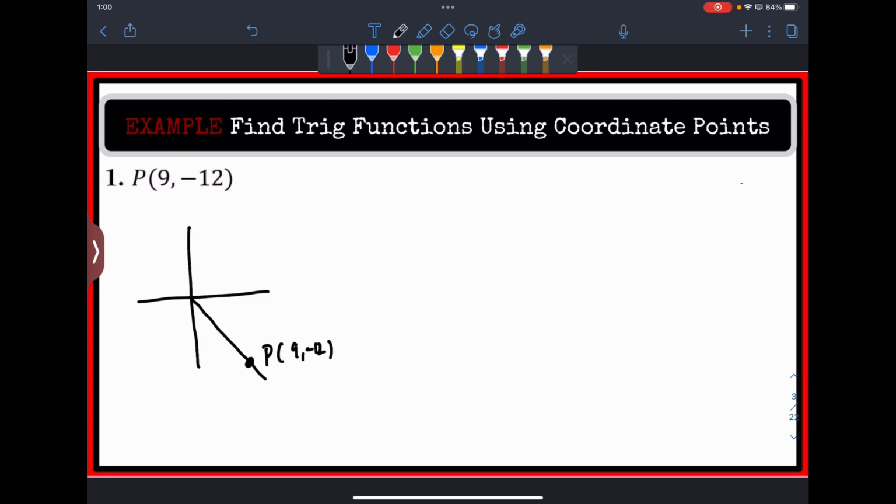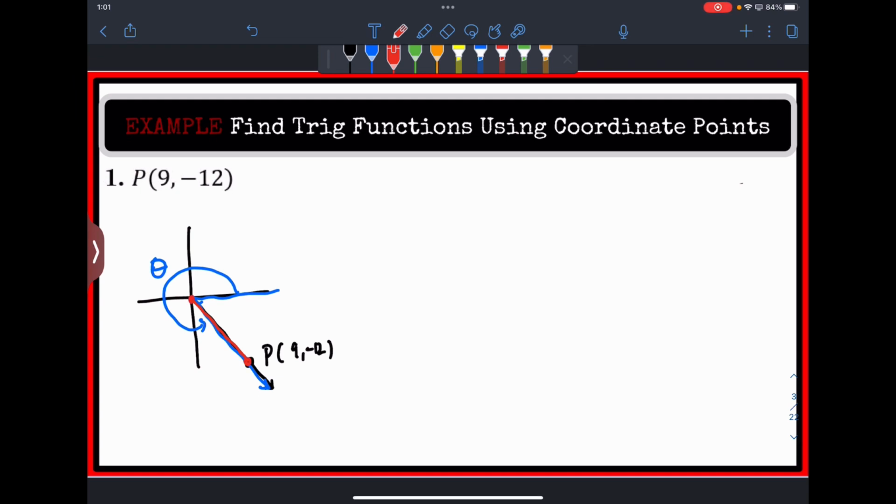So let's say that point P is on the terminal side of this angle theta. To figure out what the 6 trig functions are, the sine, cosine, and tangent of theta and the reciprocals, we first have to figure out the value of r. We need to know what this distance is going to be.